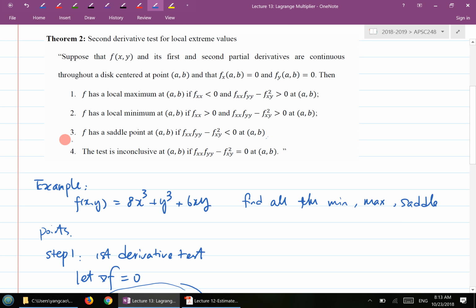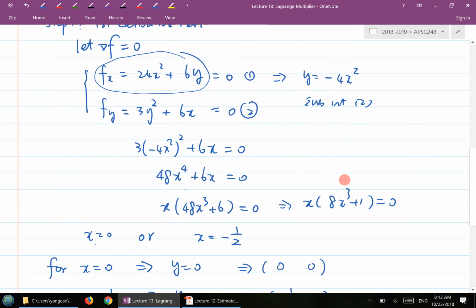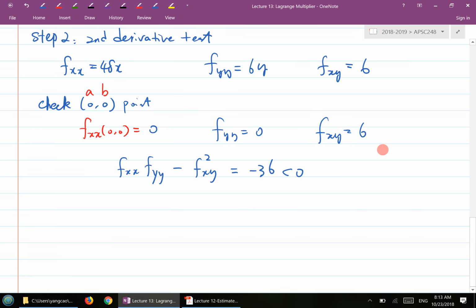That basically means the point 0, 0 is a saddle point, according to the second order derivative test. So hence this 0, 0 is a saddle point. Yeah. So that's the idea.